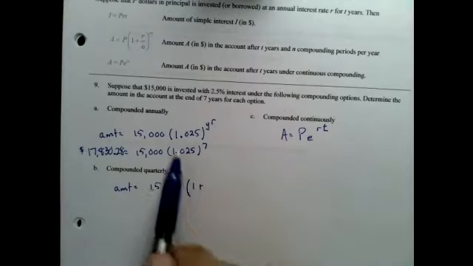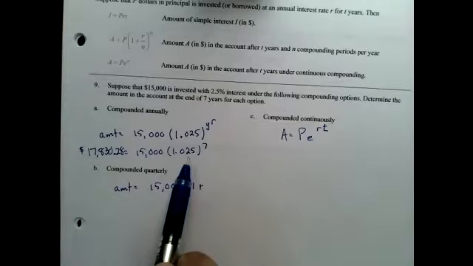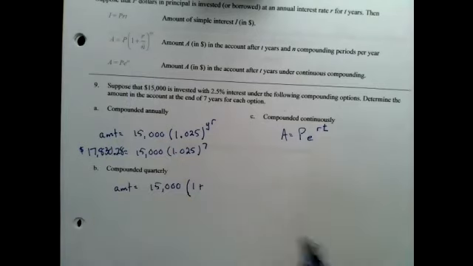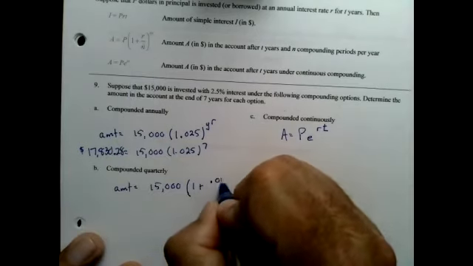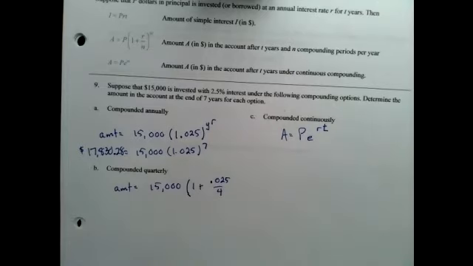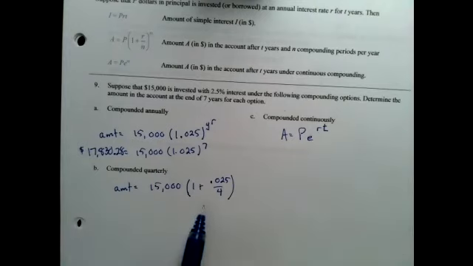Well, if it's compounded quarterly, that means I'm not getting 2.5% every quarter, I'm going to divide. So 0.025 divided by 4, because I'm doing it every quarter.